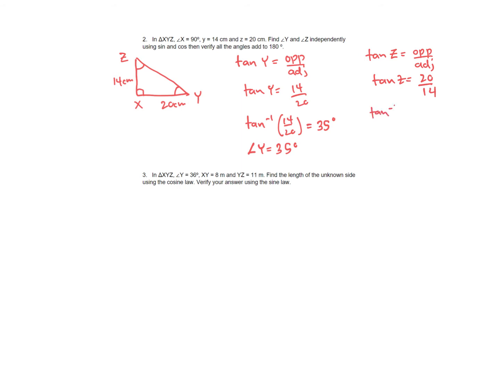We will use our inverse tan to solve for angle z, and that works out to be 55. Then it just wants to make sure that all our angles add up to 90 or 180. So 90 plus 35 plus 55 do indeed add up to 180 degrees.